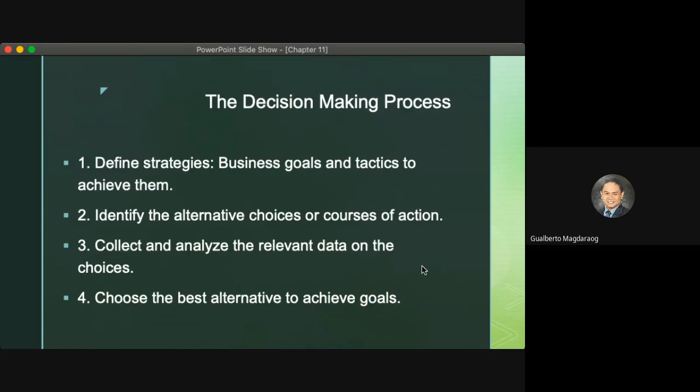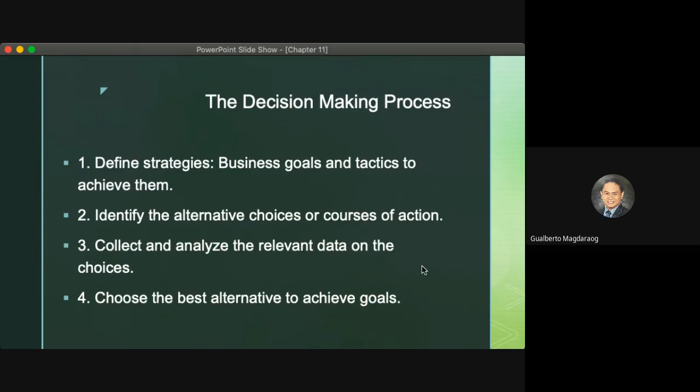Now, pag nagde-decide tayo as a manager, sometimes may mga managers na they do it in a very naive manner. Kung ano lang, or maybe based on their intuition, what they feel or gut feel.